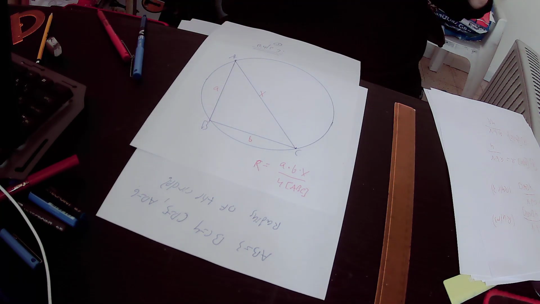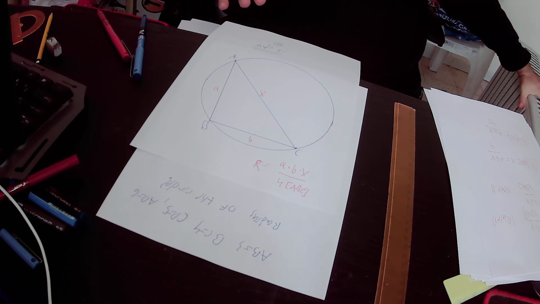According to rule number 3, the radius of a circle that blocks a triangle equals the multiplication of the sides of the triangle inscribed by this circle over 4 times the area of that triangle. Okay?